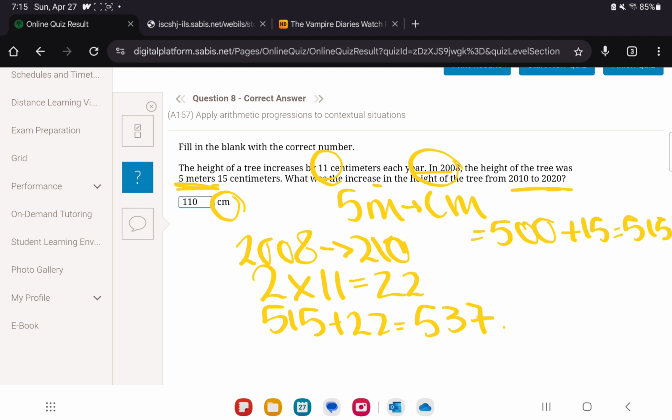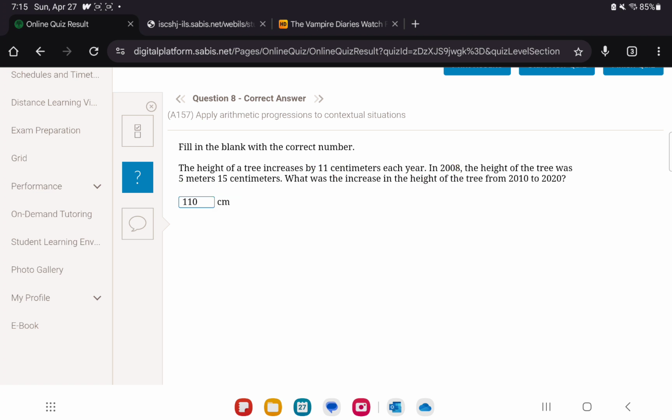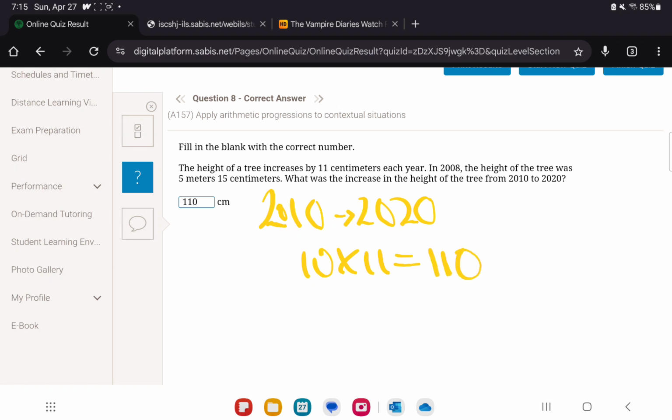Now we want to find the number in 2020. So from 2010 to 2020, very forgettable year. Okay, so it's 10 years. So 10 times 11, and that's 110 centimeters we added.